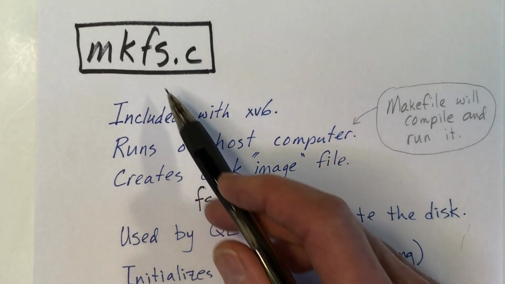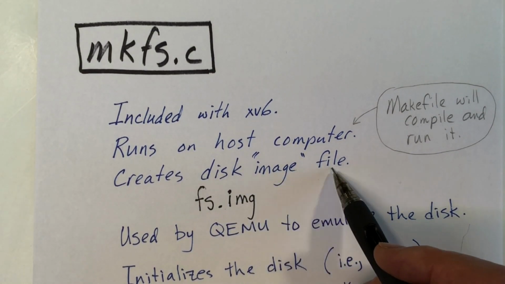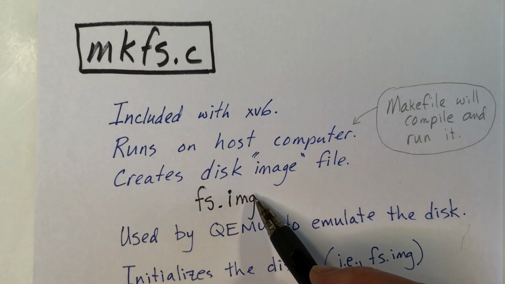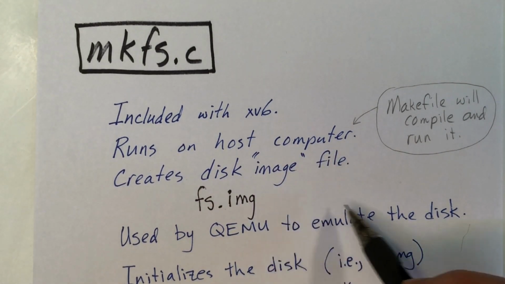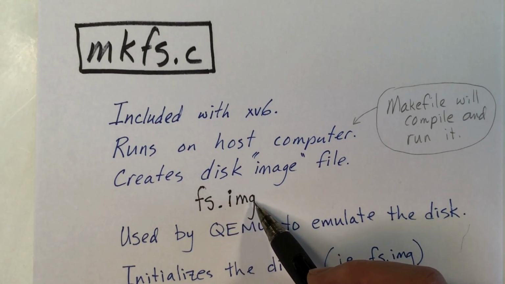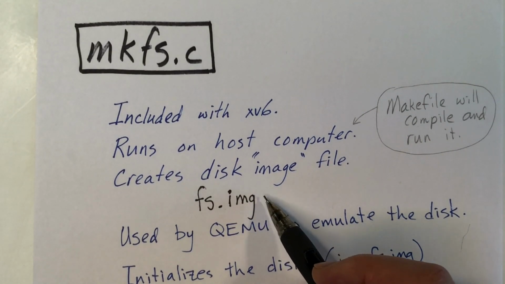And what does this program do? Well, it's going to create the disk image file. The disk image file is named fs.image, and this is a file on the host computer, and it will be used by QEMU to emulate the disk. So all of the contents of the disk are kept in this file system image file, and whenever a read or write command is issued to the disk, QEMU will actually go to this file on the host system to get or put data.